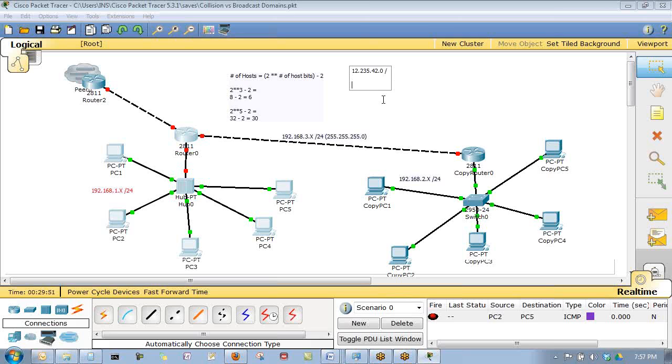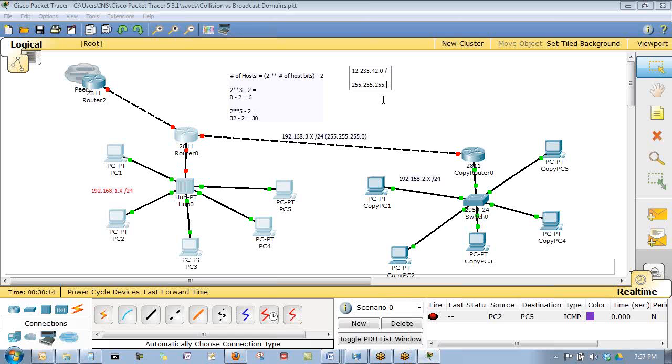If I need 5 bits for the host, I need to have 255, 255, 255, and then I need 8 bits.